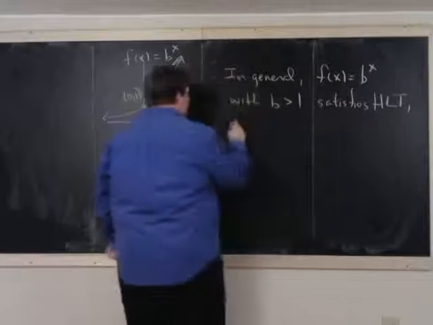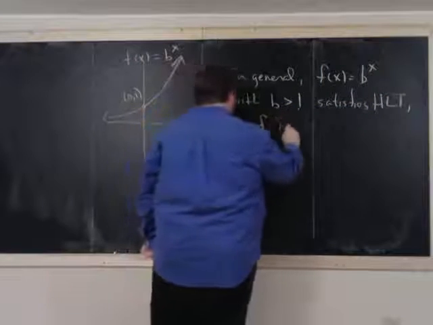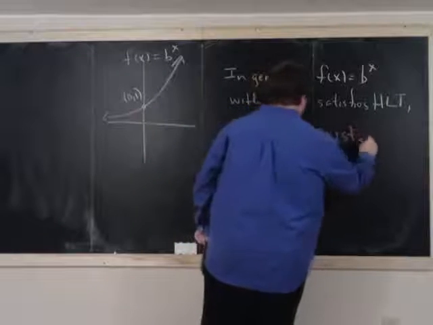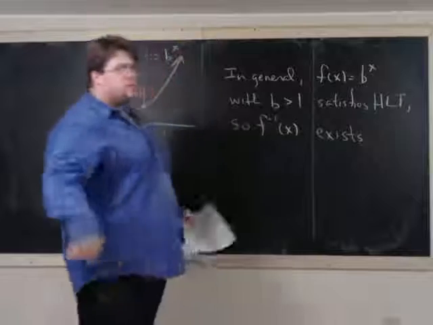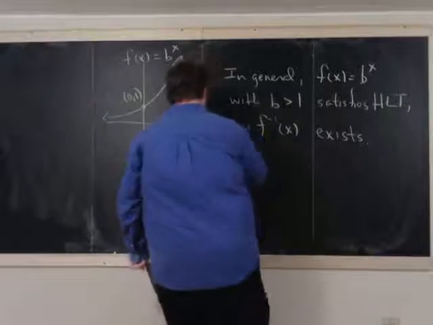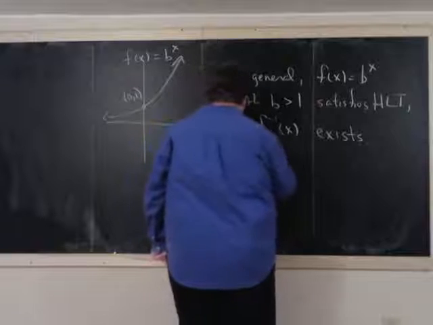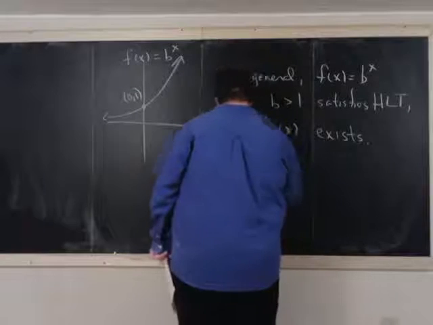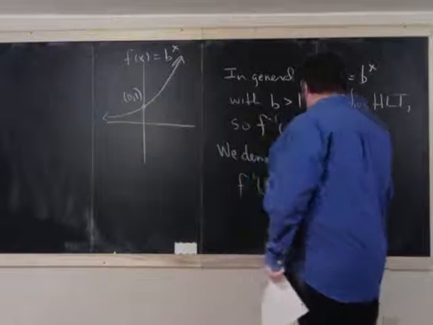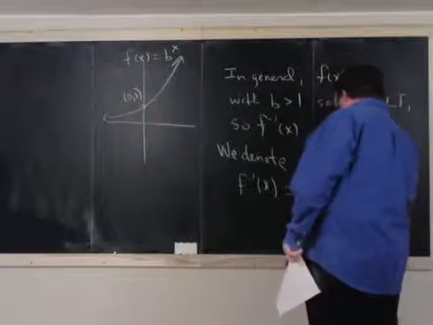And because of that, f inverse of x exists. So its inverse exists. Let's define it. We denote f inverse of x for exponential function b to the x by this notation.